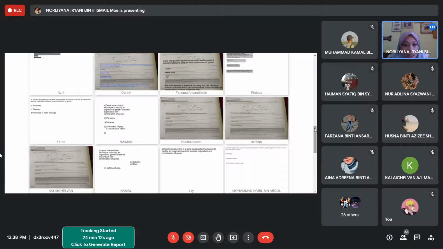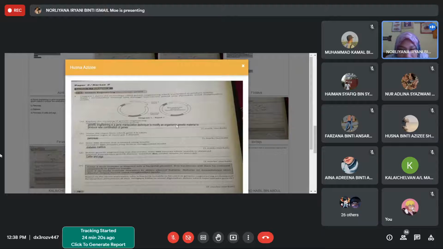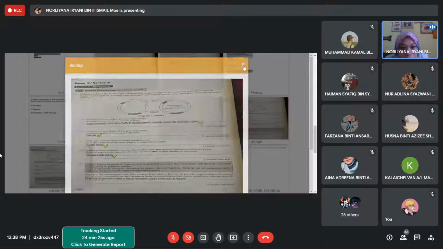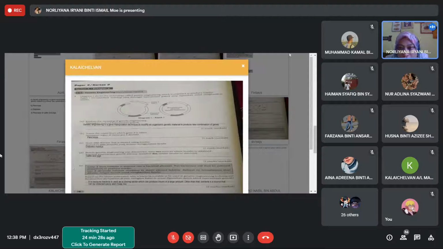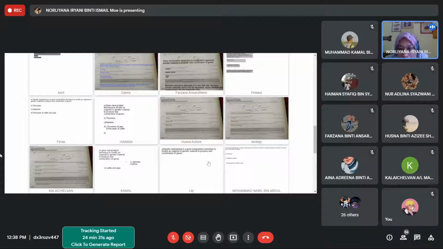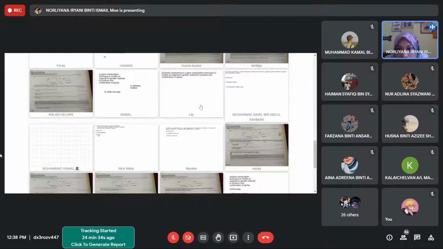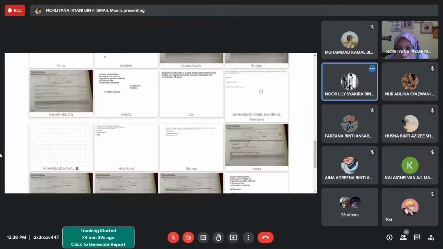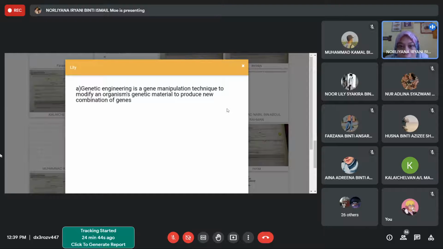Firas, pancreas of cattle and pigs. Taiman, pancreas of pigs, pancreas of cattle. Husna, cattle and pigs. Kamal. Lily, she got stuck there. Nabil: Teacher, I already wrote it there. Teacher only sees this one, Lily. I already wrote it.